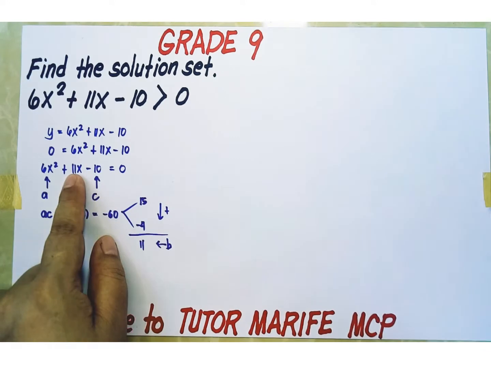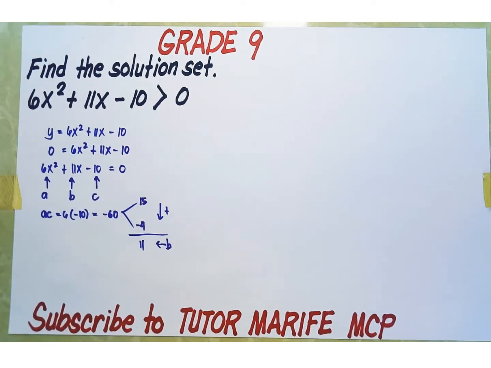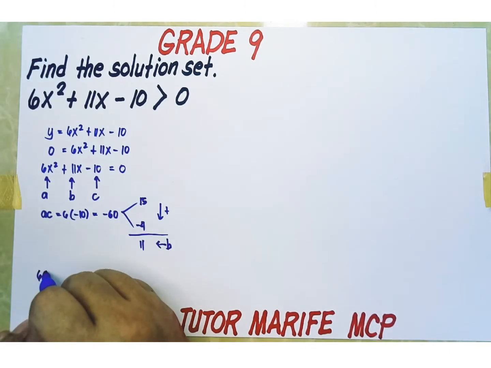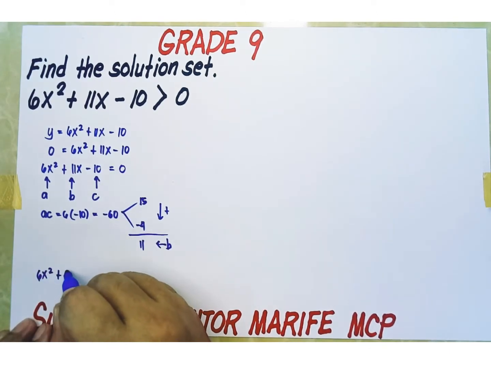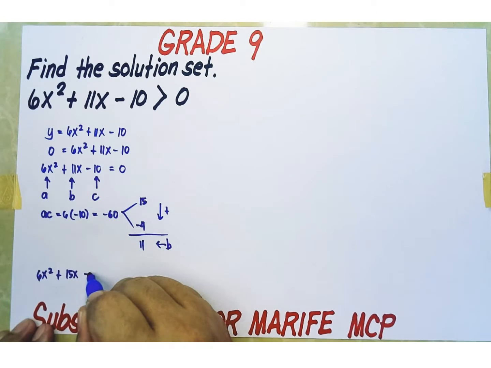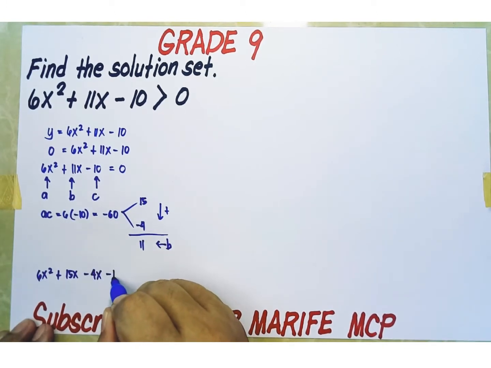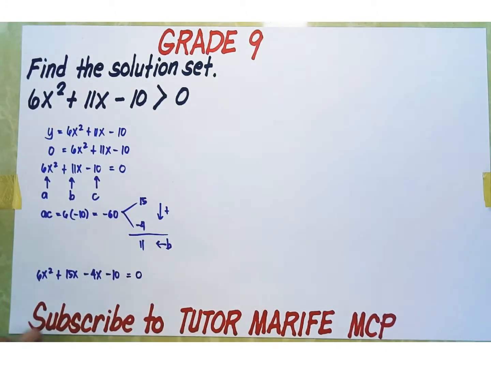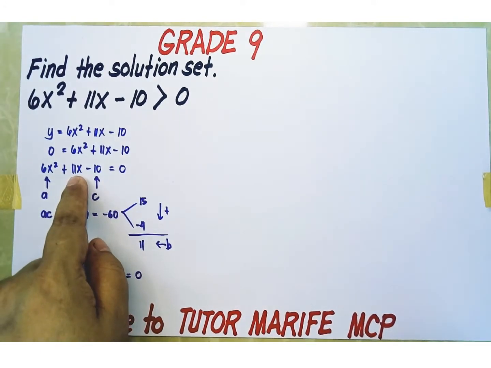Then we split 11x into two terms. We now have a 4-term polynomial, 6x squared plus 15x minus 4x minus 10 equals 0. These are similar terms. If we combine them, it's equal to 11x.